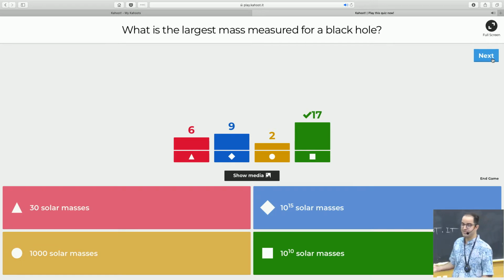Okay, the largest mass was 10 billion solar masses, as I just mentioned in the lecture. The maximum mass measured for a black hole.